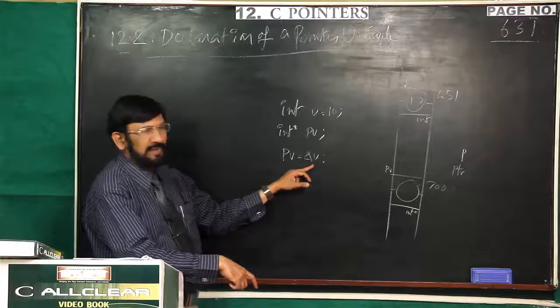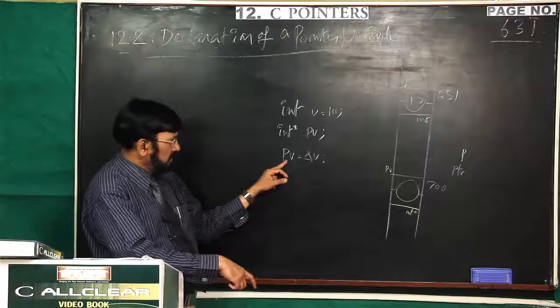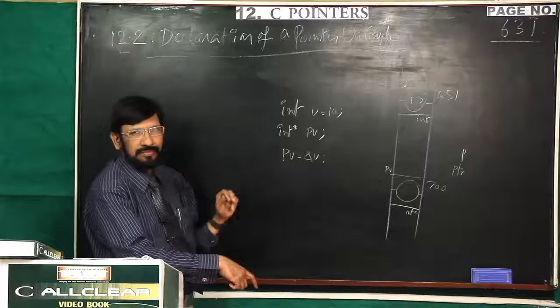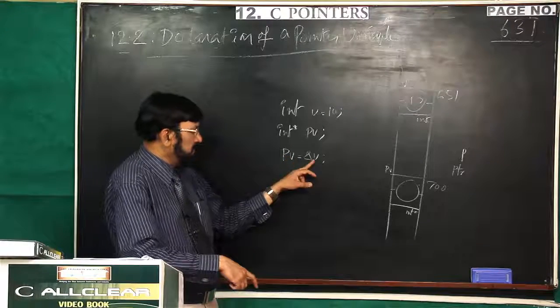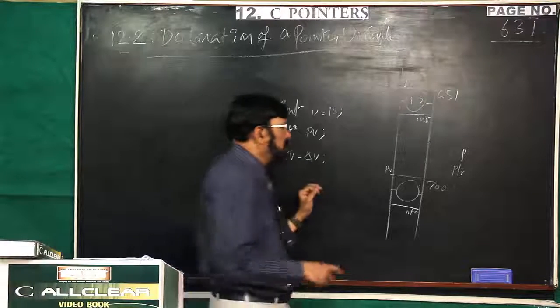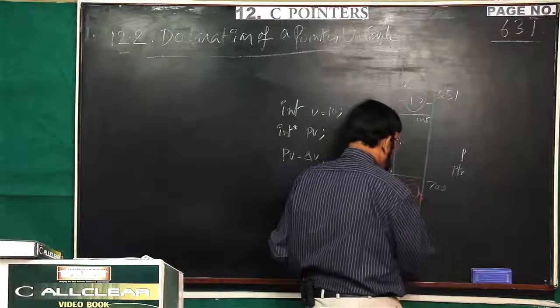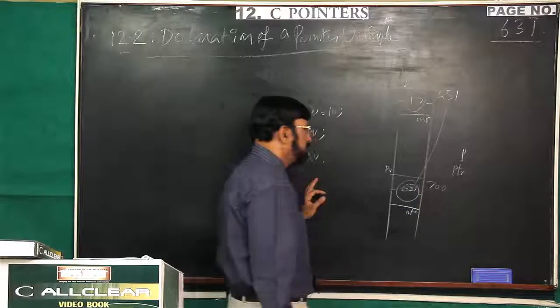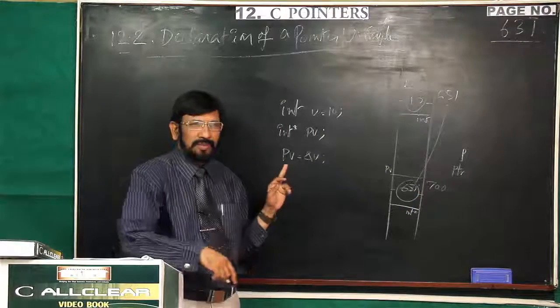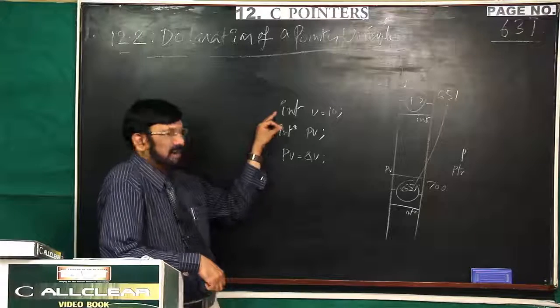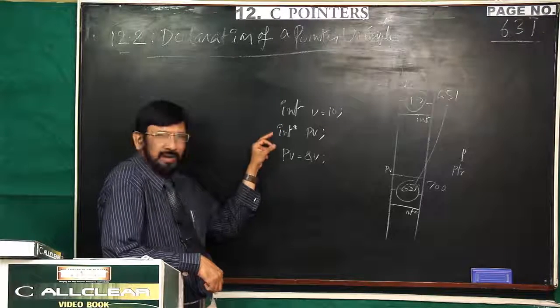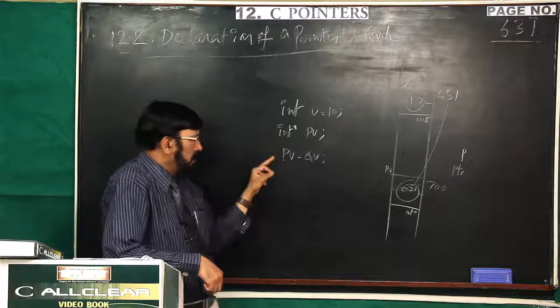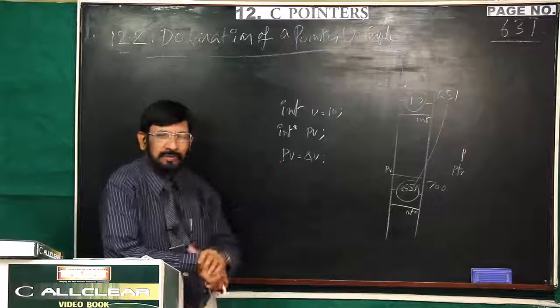The address of V we are storing, we have assigned to PV. That means the address of V is stored in PV. Now what is the value of this? 651. This is the pointer variable initialization. So: declaration of an ordinary variable, declaration of a pointer variable, and initialization of a pointer variable.